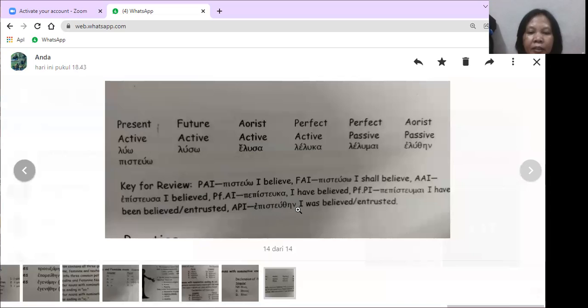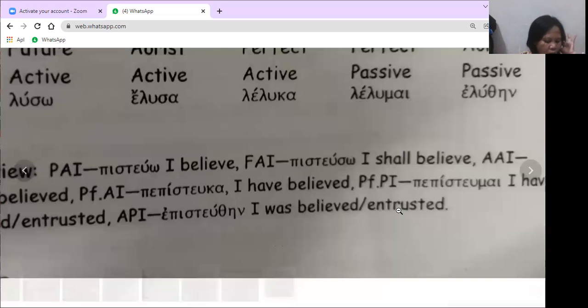The meaning in English, I was believed and trusted. So, all about the aorist passive indicative and the future passive indicative.